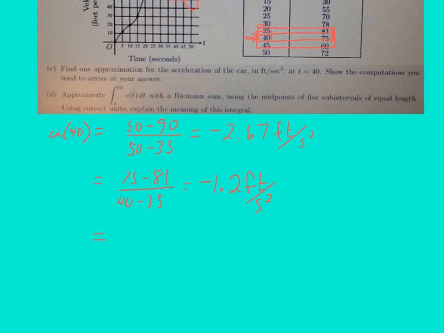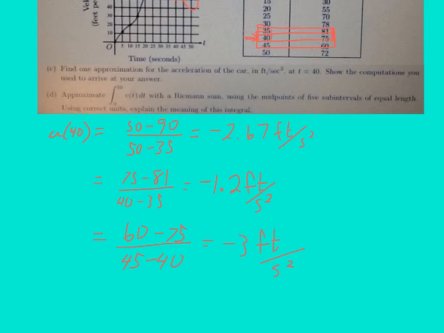We got 60 and 75, and we went from 45 to 40, so that's what we have there. So again, this becomes minus 15 divided by 5, so there's a negative 3. So again, quite different from the others. Maybe close to that first one, but we don't know.